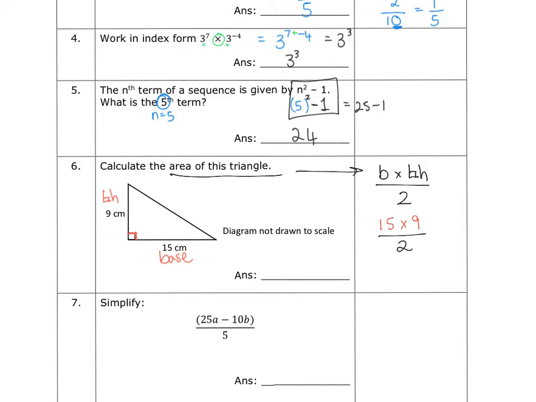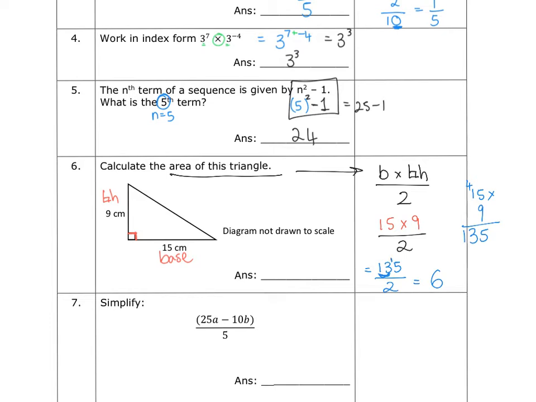So how are we going to work out 15 times 9? You can use this method. 9 times 5, 9, 18, 27, 36, 45, so 4 and 5. 9 times 1, 9, 9 plus 4, 13. 135, and 135 divided by 2. So 13 and 2, 2, 4, 6, 8, 10, 12, which is 6.